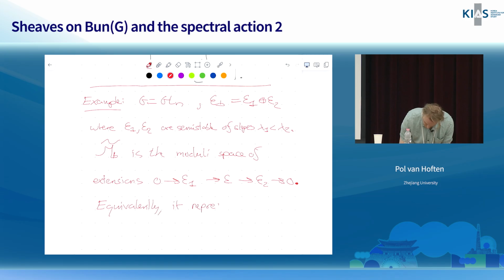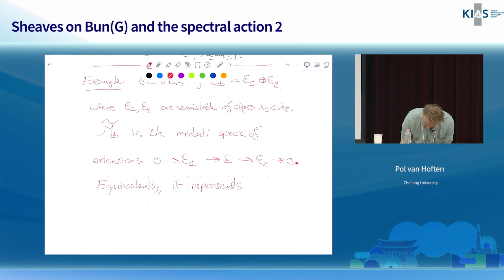It represents this functor sending a perfectoid space S to H1 on the Fargues-Fontaine curve of S of E2 dual tensor E1.